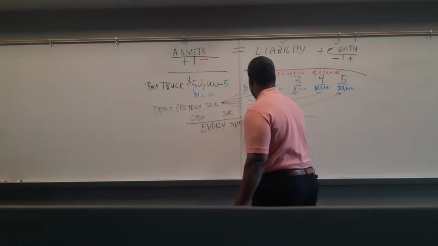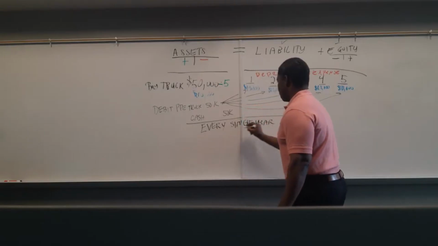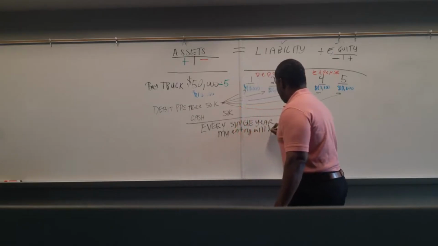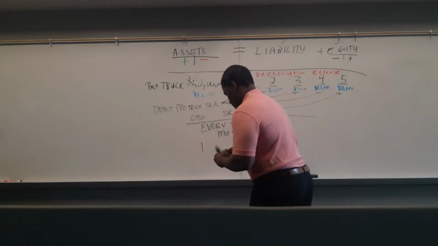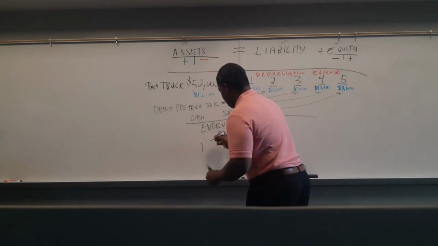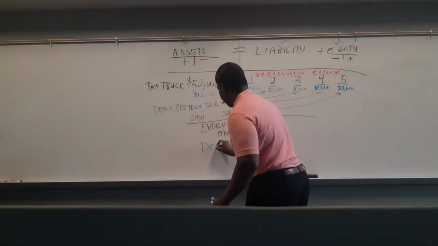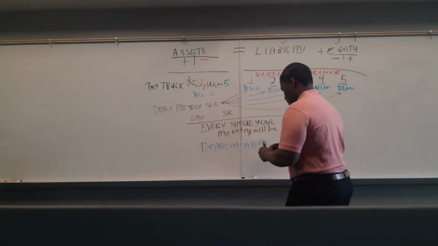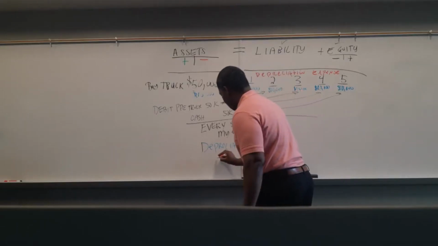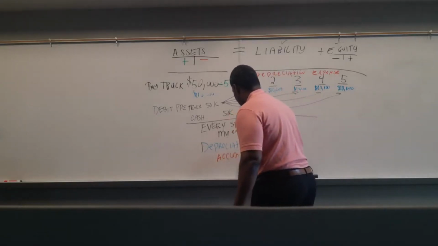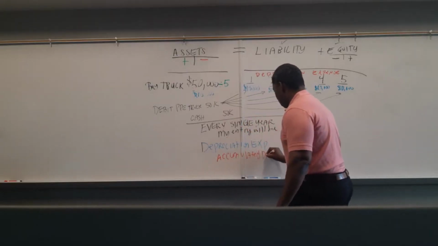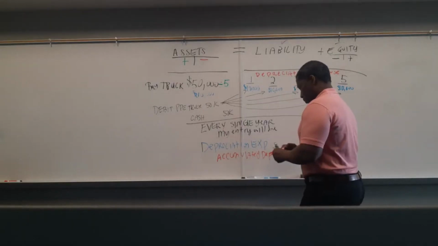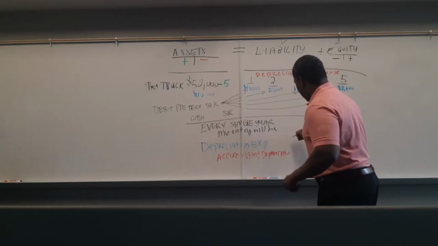Every single year, my entry will be a debit to depreciation expense, and a credit to accumulated depreciation for $10,000.